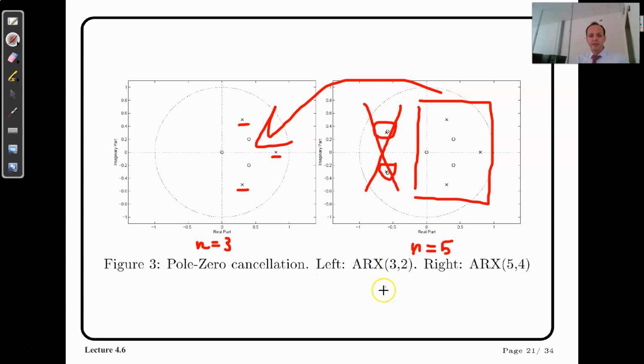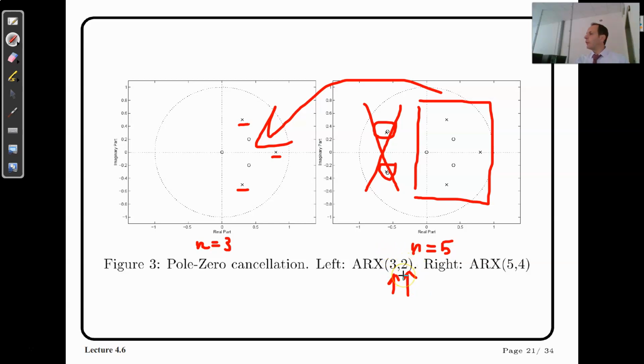And if you notice here in the structure, normally the way of indicating the number of parameters is this: the first number is the number of poles, which is 3, and the second number is the number of zeros minus 1.